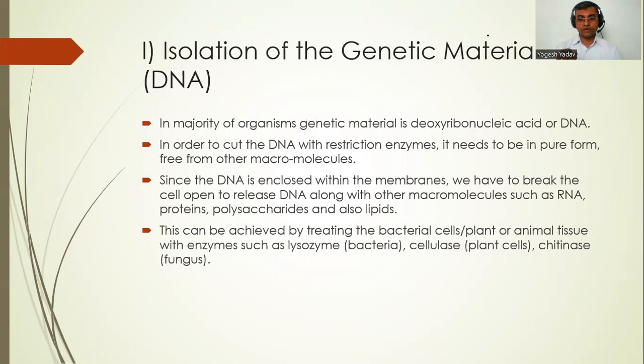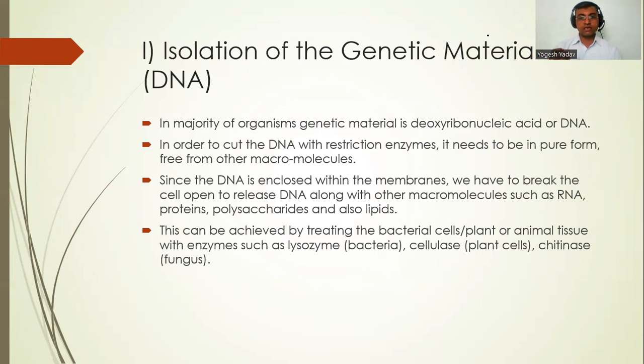The first step to get the DNA is wherever it is bound. Generally in a cell, this DNA is found in the nucleus. So to get that DNA from a cell, we have to lyse that cell.